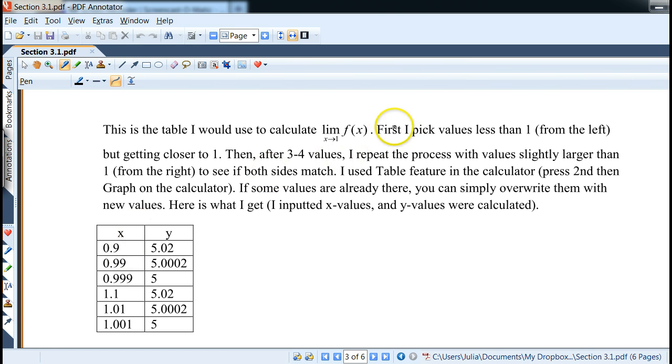I would usually go into second and then graph, and then I literally put in, so if the limit is as x approaches 1, the values that are slightly smaller than 1. Notice I used 0.9, 0.99, 0.999. And then I used values slightly larger than 1. Now note, your y values would usually be to 3 decimal places.